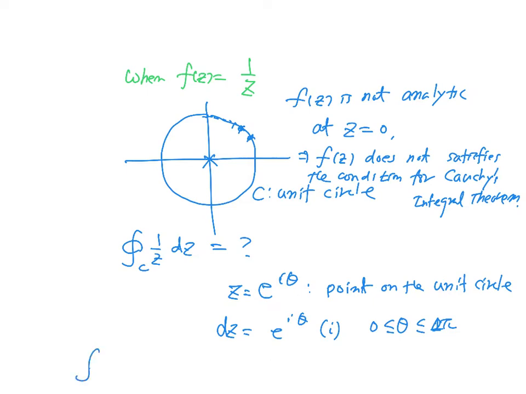So the closed integral of dz over z can be changed into the integral from 0 to 2 pi. dz is i times exponential i theta, d theta. And 1 over z is 1 over exponential i theta, right?